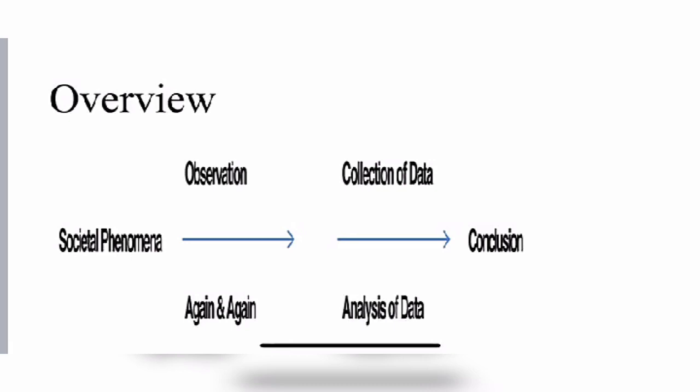When we talk about the overview of social research, which involves observation, again and again observation, means verification, systematic verification, collecting some verbatims, some data from the stakeholders, analyzing the data, and concluding about pre-desired objectives.